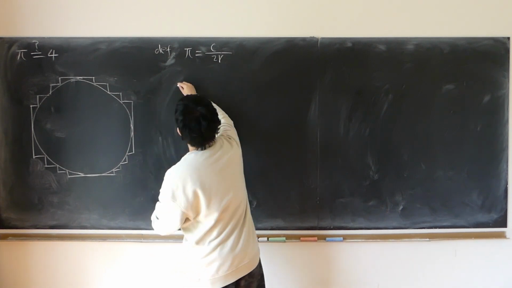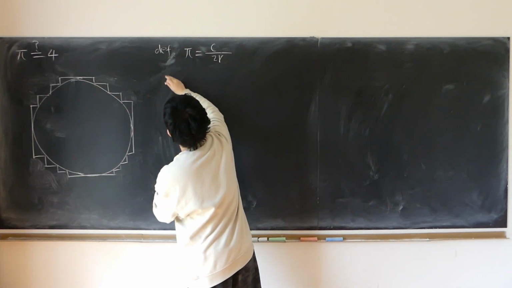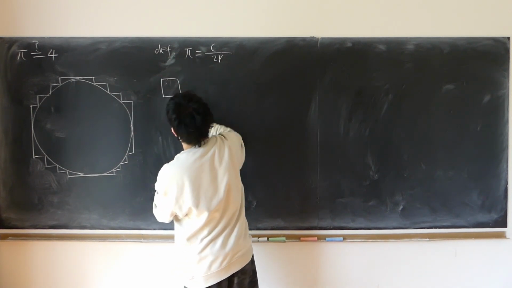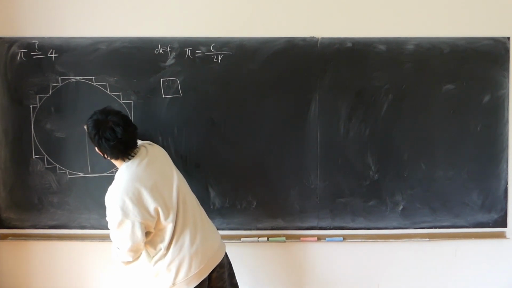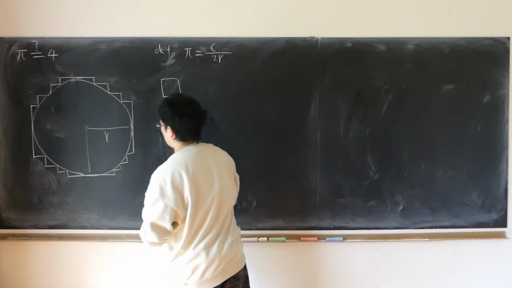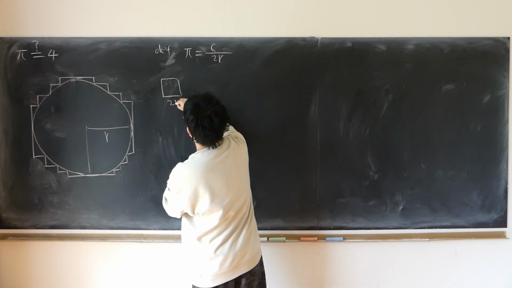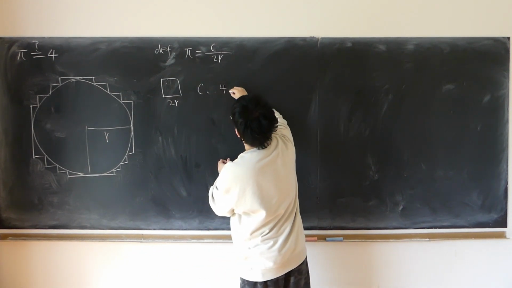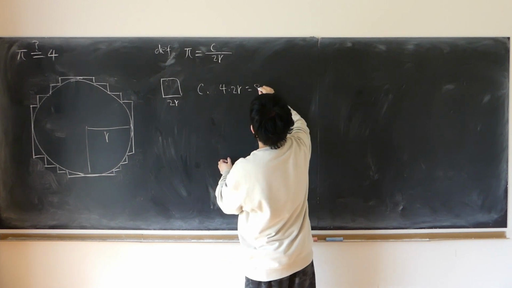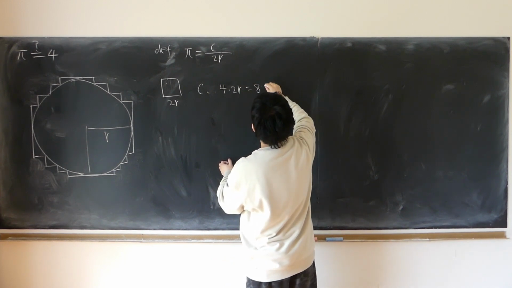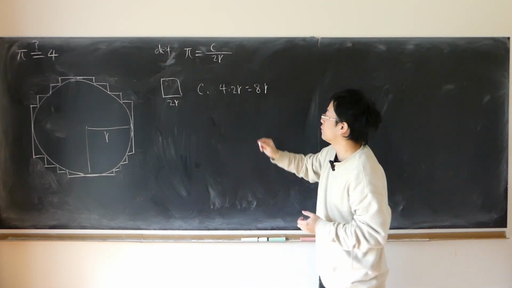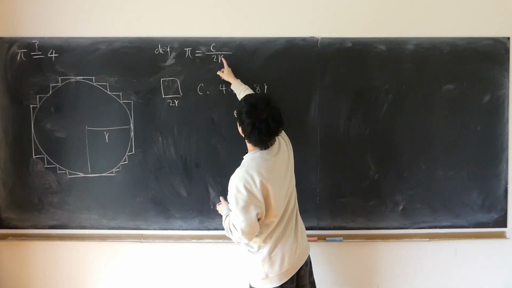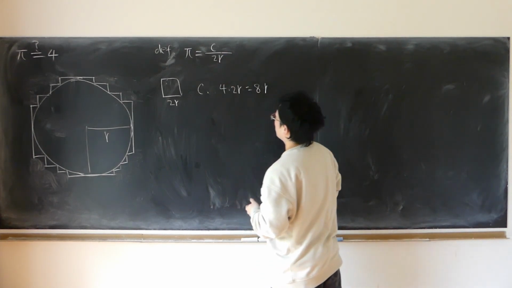Right, but this square, the radius is r. So here is 2r. The circumference is 4 times 2r, 8r. So according to the definition of pi, it's the circumference of the circle over 2r.